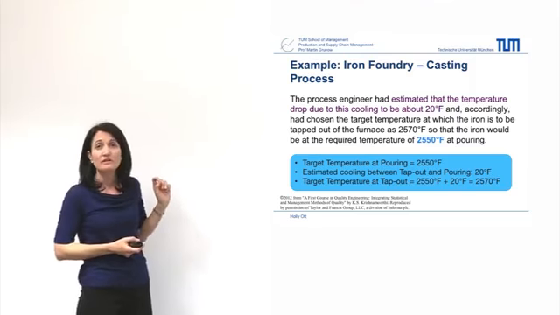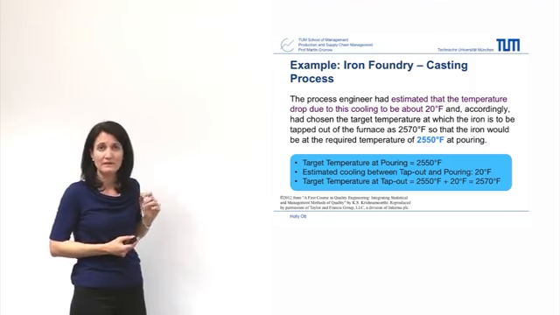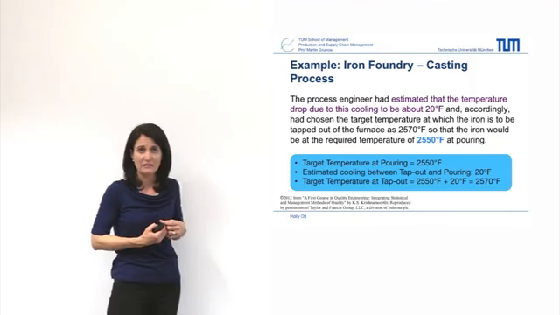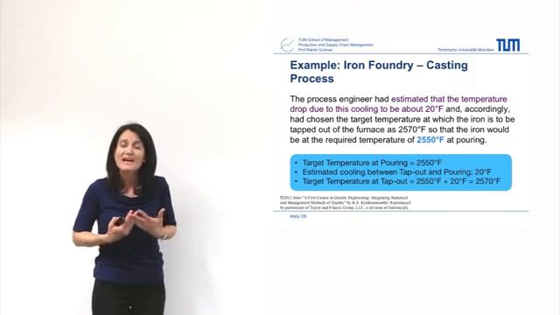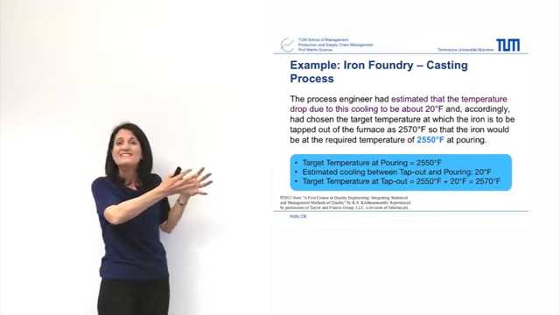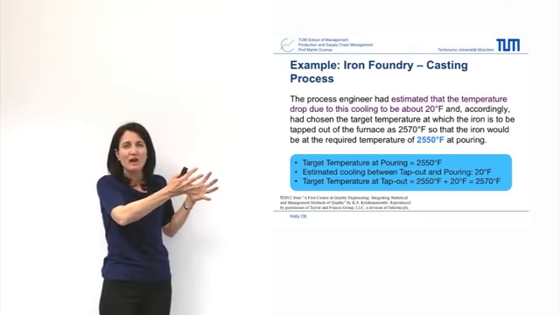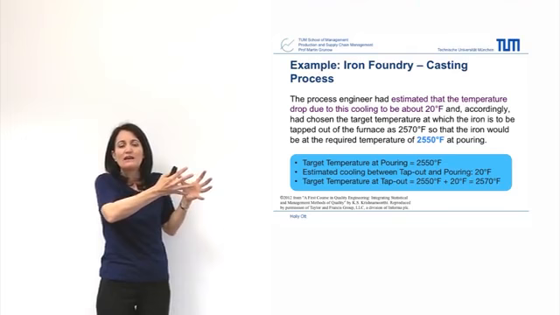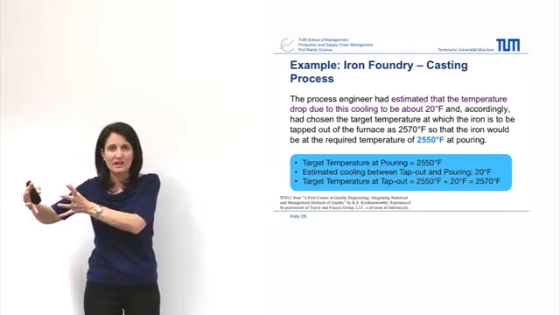Now, you have a few parameters that you have to get from the people in the factory. And the first information you have is that the process engineer has estimated that the temperature from the tapping out, from when the molten iron is taken from the hot furnace, drops about 20 degrees Fahrenheit.